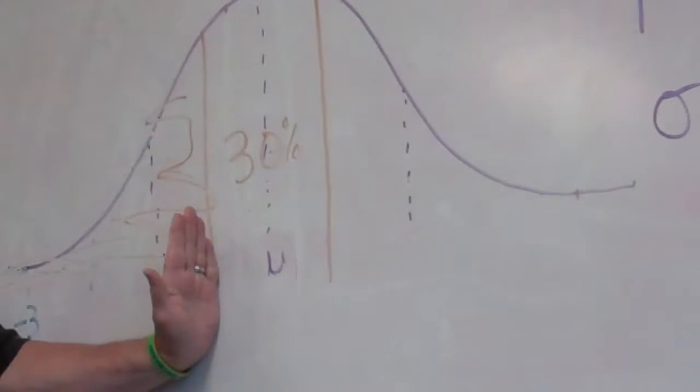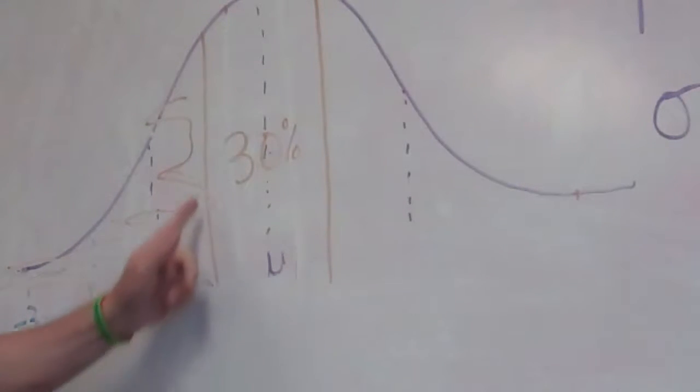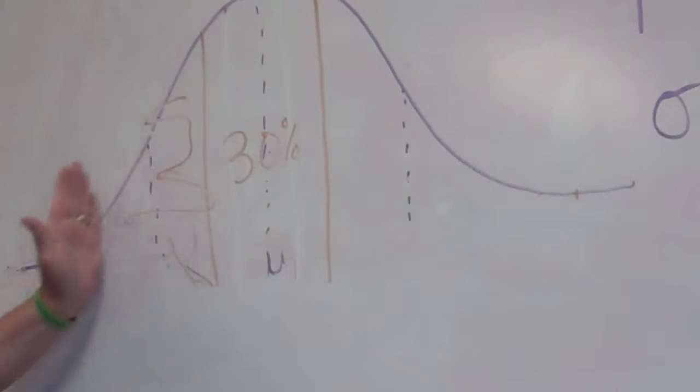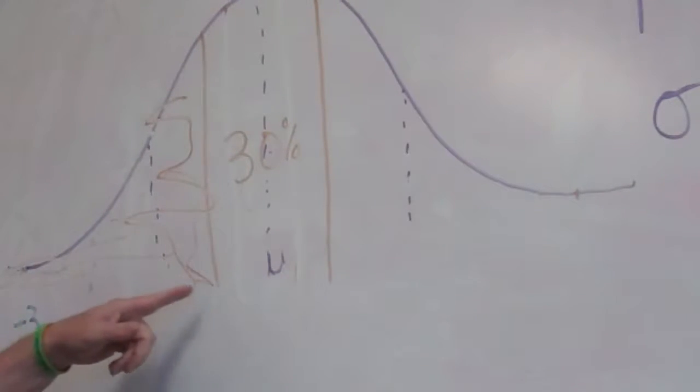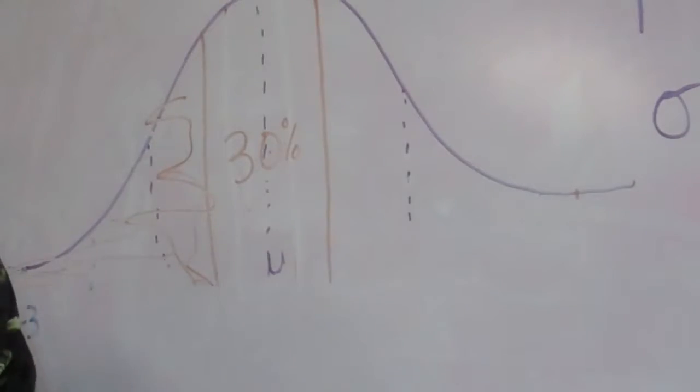If I put in a 35, then it'll tell me at what z-score 35% is to the left. If 35% is to the left, that mark will be symmetrical, and I'll have the other one too. So we're going to put in 35%, which I think has got to be a 0.35.